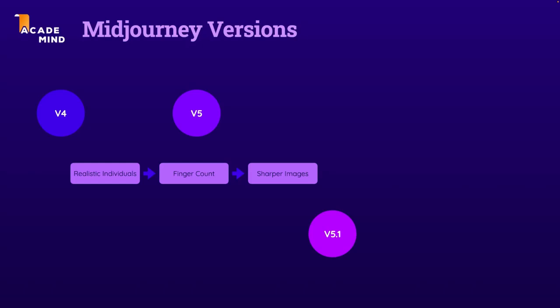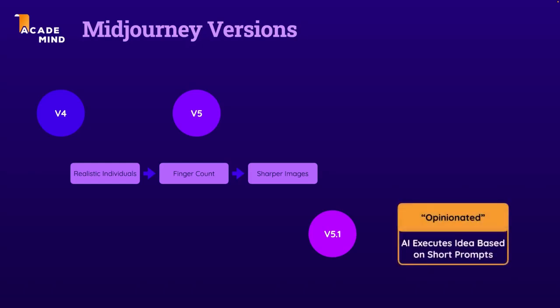This has a reason, because version 5.1 is a so-called opinionated model. Midjourney's goal is to make image creation as easy as possible. Therefore, such an opinionated model simply means that the AI executes ideas based on shorter prompts. So you could say that the AI is more creative and tries to understand what you're looking for.